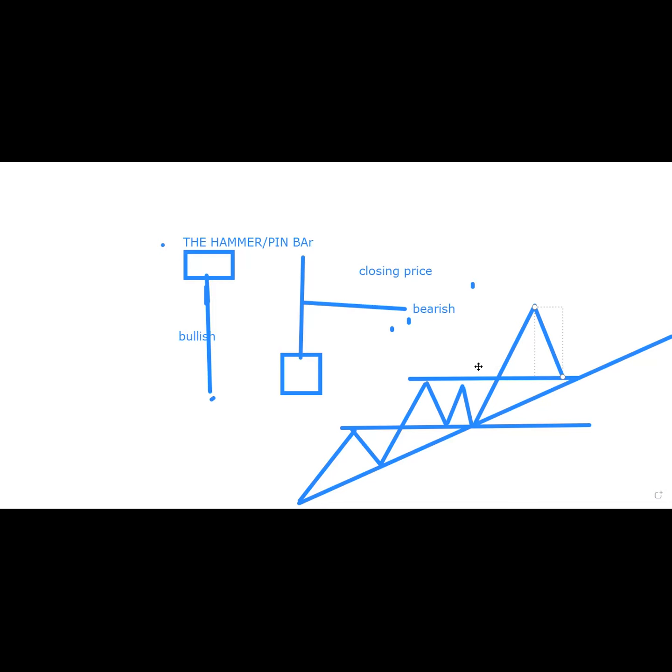But if I was on a downtrend and I've marked out all the resistance areas where I want to sell, or support that became resistance, or around the upper trend line, remember we sell around the upper trend line of the downtrend, I'll be looking for this as my entry signal, the one with upper wicks.